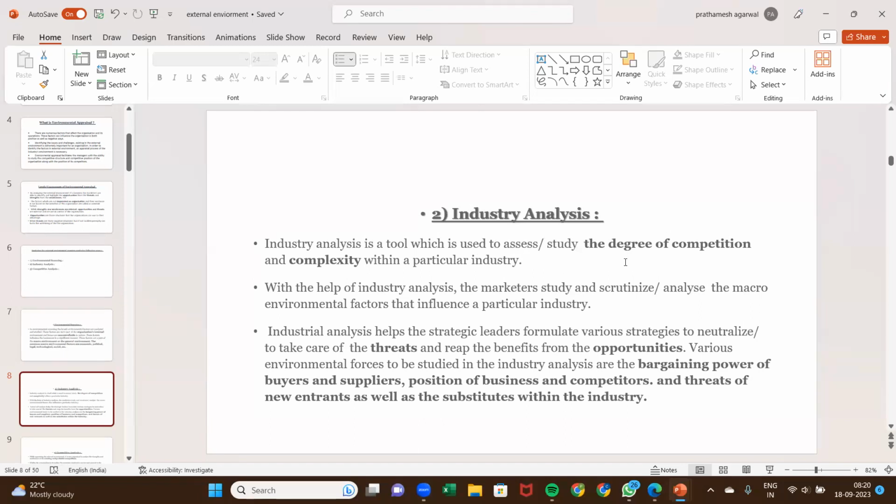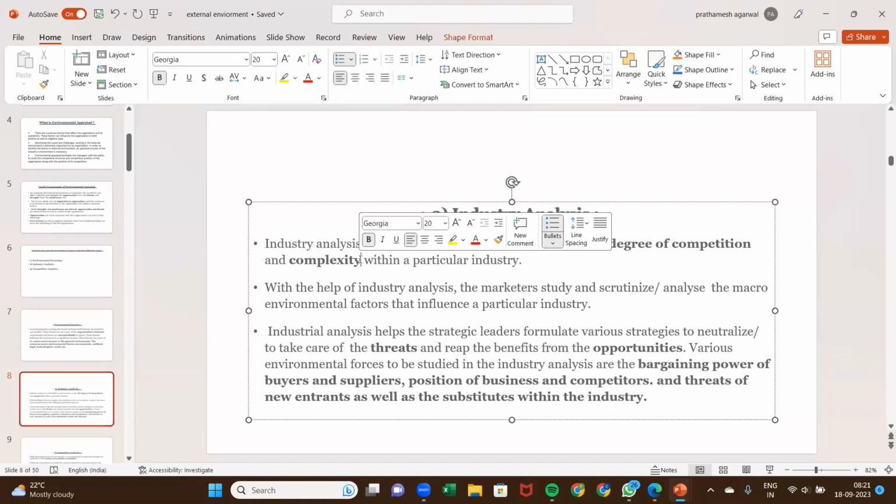Because the percentage may vary from 80 to 90, isn't it? So in A plus, are you getting 80%? Are you getting 83%? Or are you getting 90%? So we know the competition, right? But what is the degree of competition? How are we going to measure this? And the complexities. Complexity means whatever difficulties we come across, I'll write in simple language.